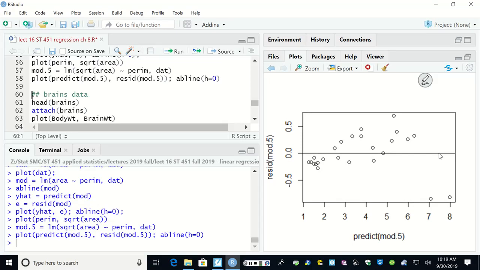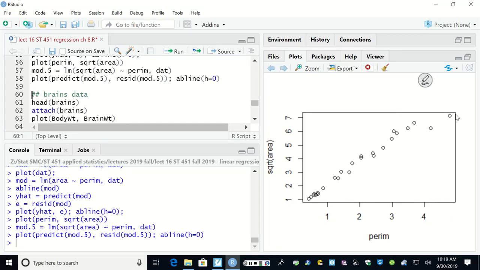There's still a cluster, and there are a couple of other ones down here that are sticking out. So maybe if these weren't here, the regression line and this residual plot would change a little bit. But these two are outside of the pattern, so maybe there's something special about those two churches. Otherwise, it looks better, looks straighter.